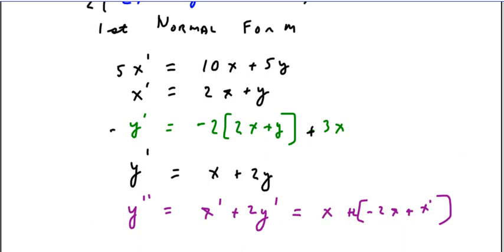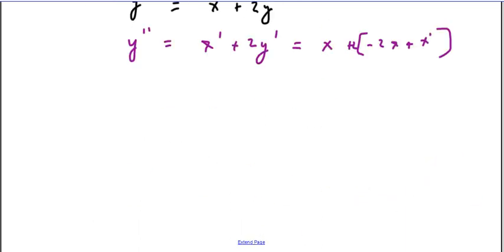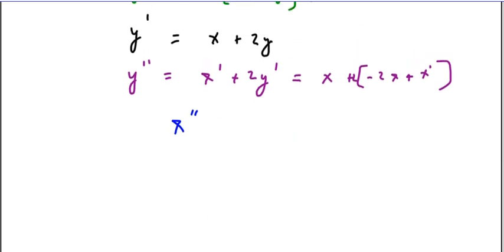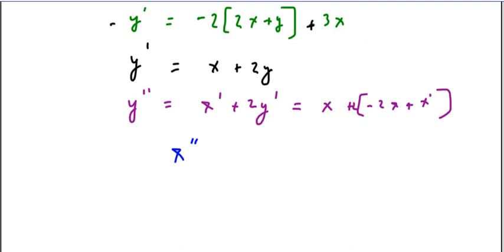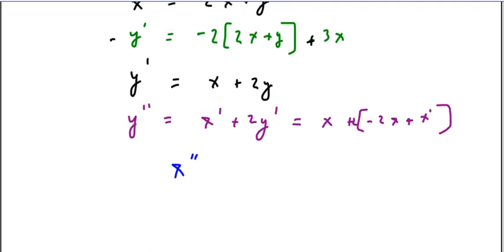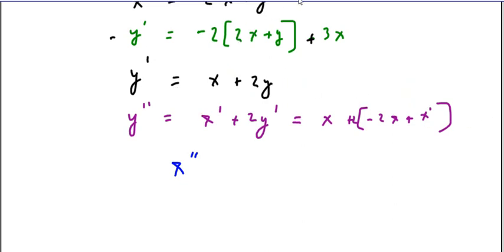And I'm going to end up with x double prime... what am I doing wrong? Okay. Let's move back a little bit.